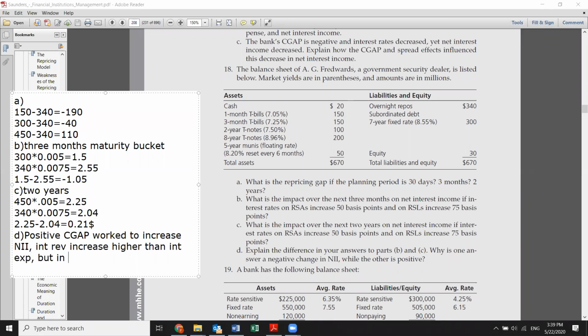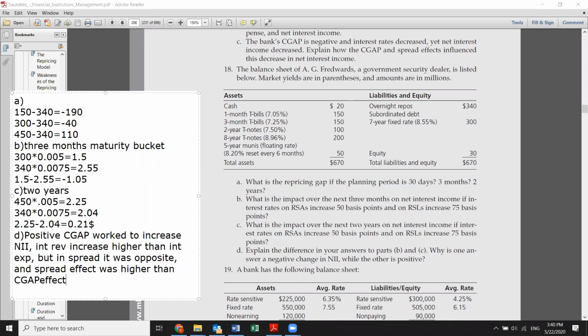But in spread, it was the opposite. And the spread effect was higher than the cumulative gap effect in part B.